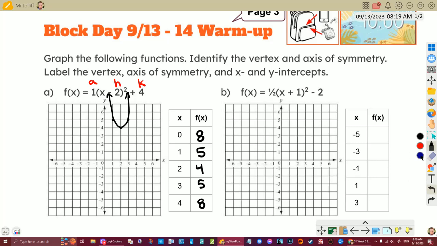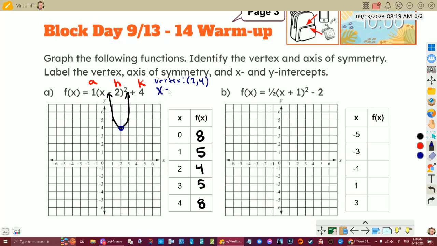So let's start with our vertex. So we know our vertex is at the bottom or top of the parabola. We also know it's our h and k, so this should be 2, 4. And we know the axis of symmetry is an equation of the line that cuts this parabola in half.